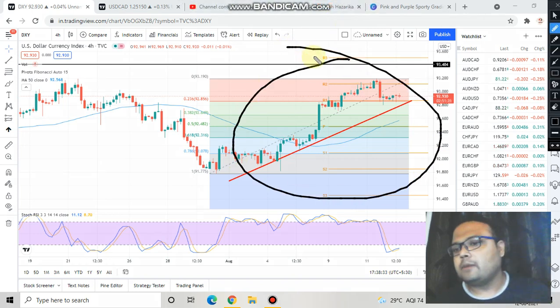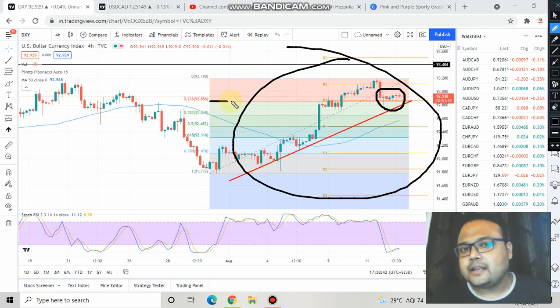There is no doubt about the overall trend of the DXY, but right now you can see that DXY is also struggling to go up. Though it is standing at the Fibonacci level here, it is trying to maintain this temporary support here. Mind the word, I'm using the word temporary. It is trying to maintain the temporary support here, but in case it fails to hold the support and goes down, then we'll also see USD CAD going down.